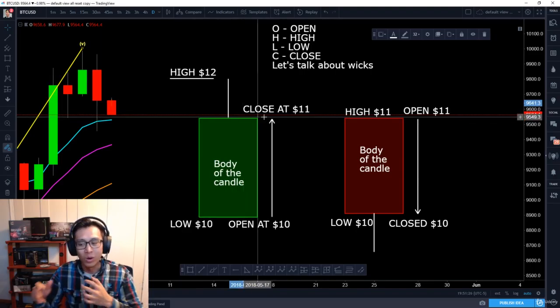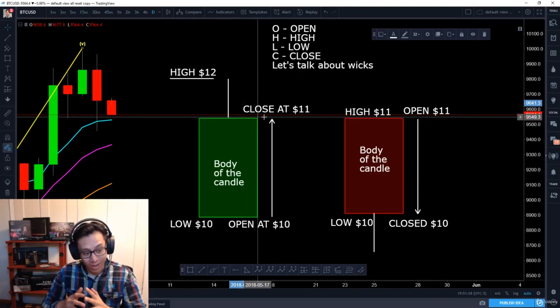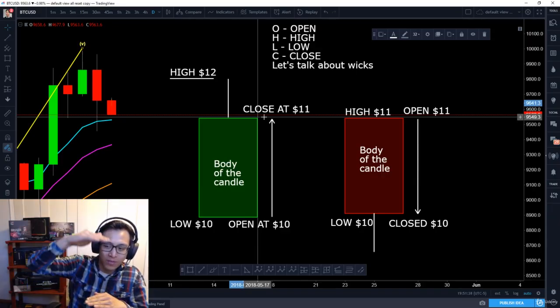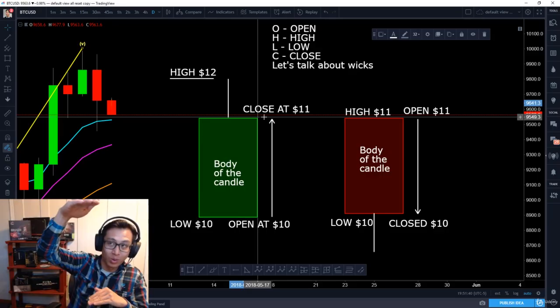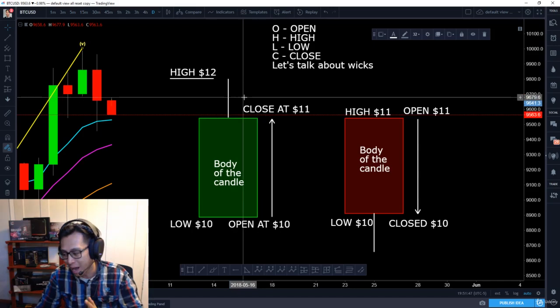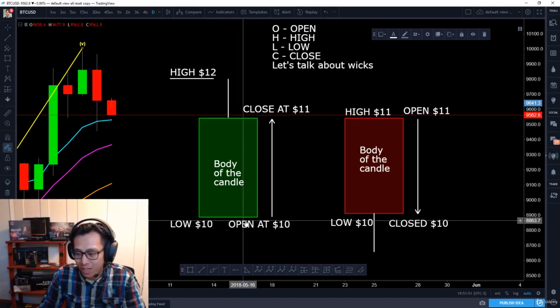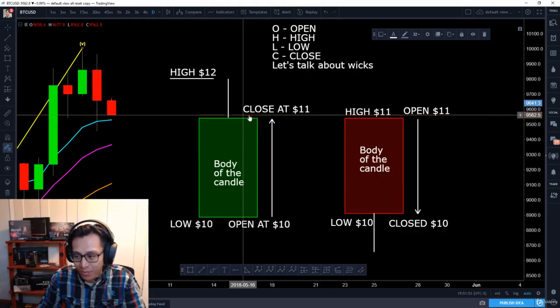Now you might wonder, what would cause a wick? So the body of the candle is only the solid part, where people will start buying, and if it closes with a body only, that's where it officially closed and people stop buying at that candle. But what this wick actually refers to is that people bought, they opened at $10 and people bought up to $11, right?